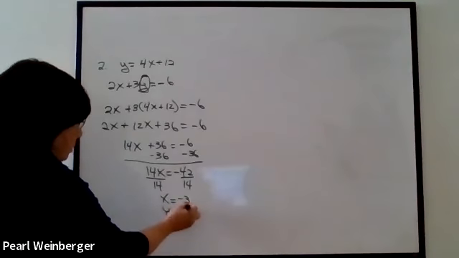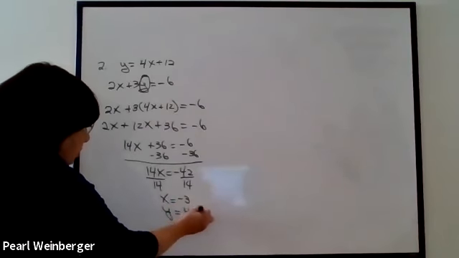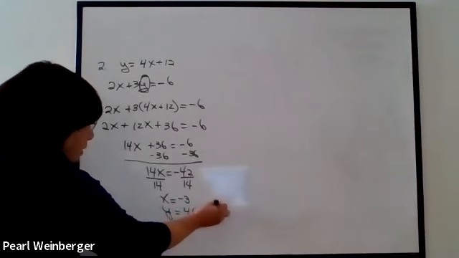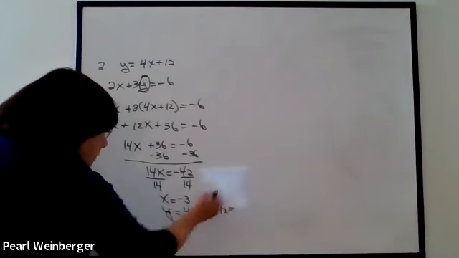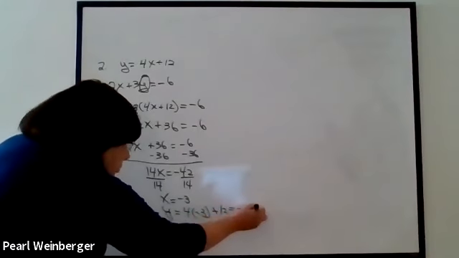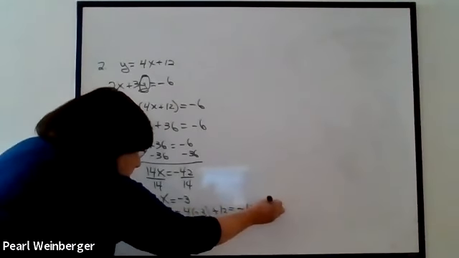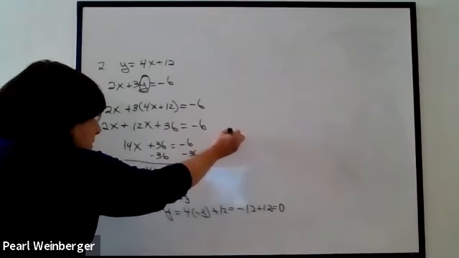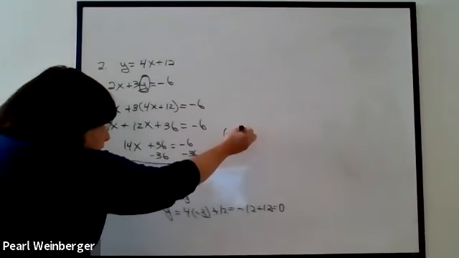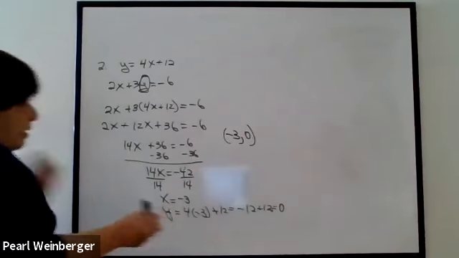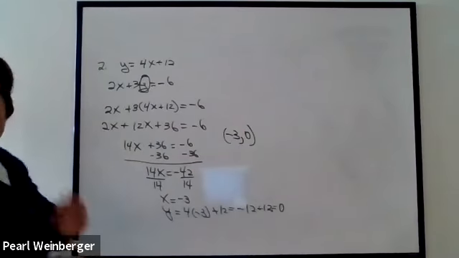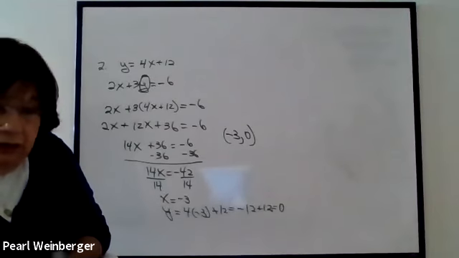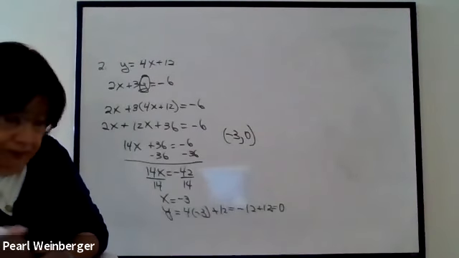So it's going to be 4 times -3 plus 12, which is going to give me -12 plus 12, which ends up being equal to 0. And my answer then becomes -3 for the x, 0 for the y. Just be careful with your signs. That was the answer to that question.